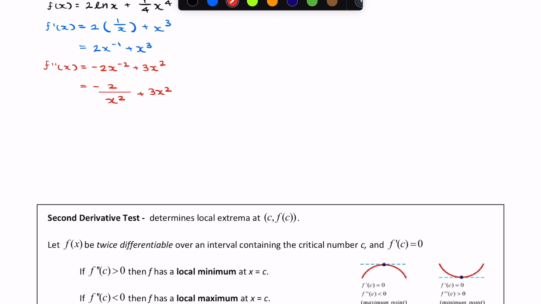And if we put it all under a common denominator of x squared, we will get 3x to the power of 4 minus 2 over x squared.